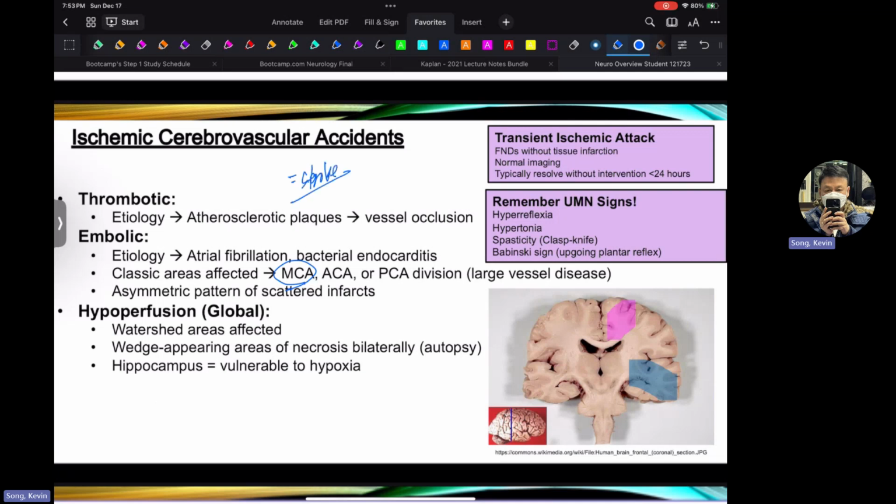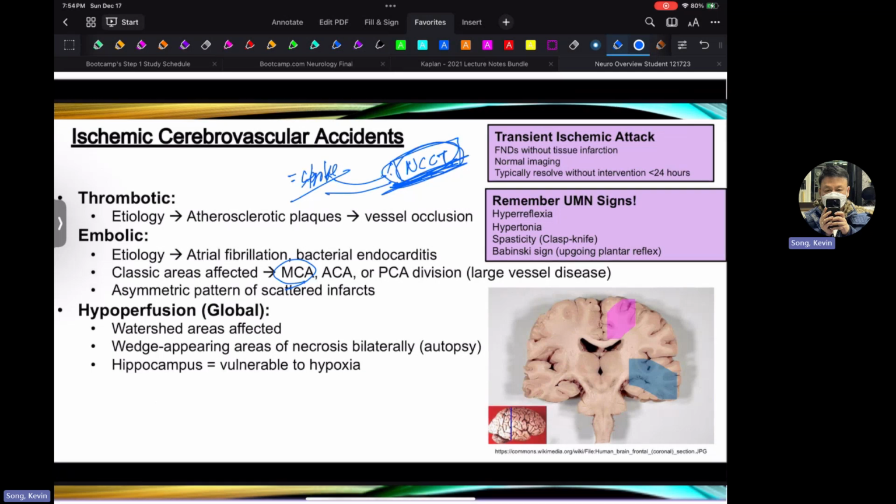When the stroke comes in, the first thing is a non-contrast CT. That's the very first thing you have to do, because you have to distinguish between hemorrhagic and ischemic. Hemorrhagic and ischemic are two different things, and you have to treat them differently. So no matter what, for stroke the very first thing is non-contrast CT. You need to know that.